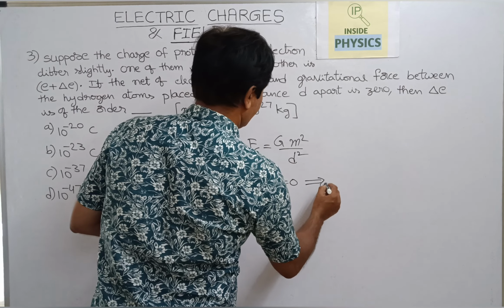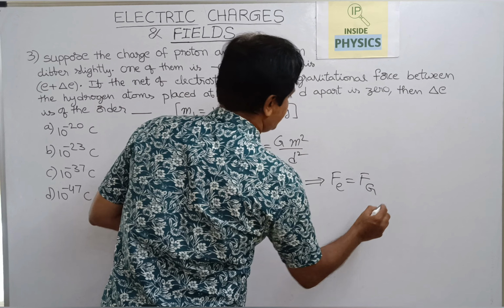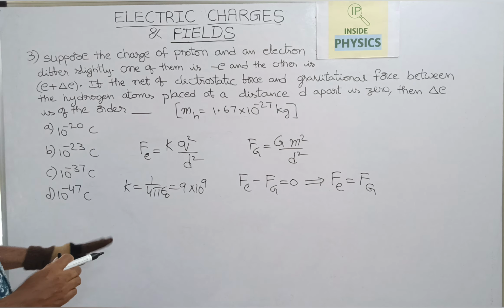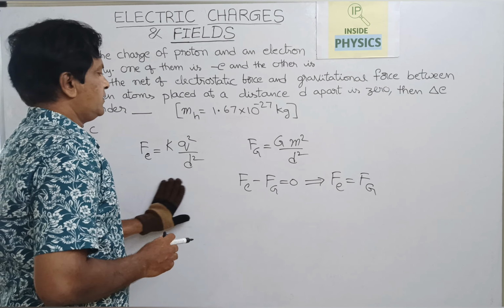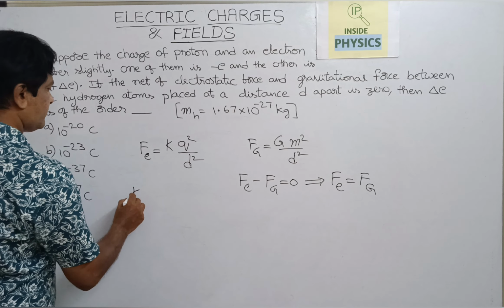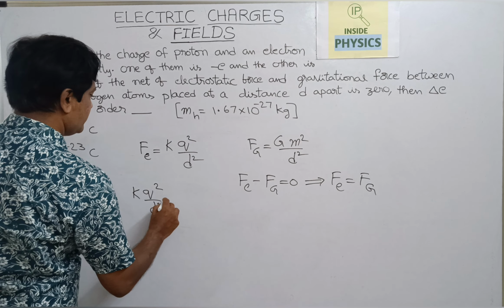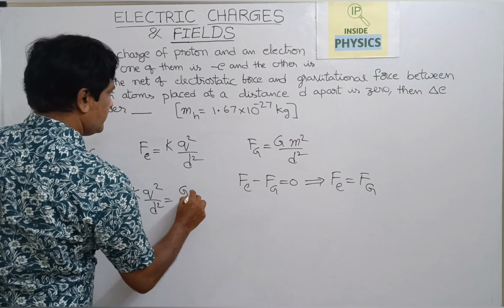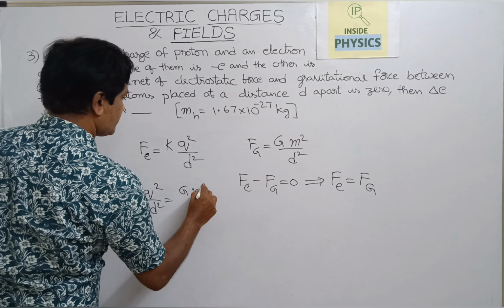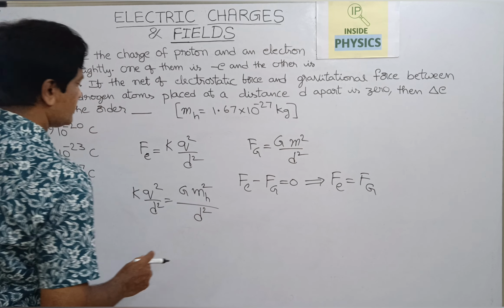That implies we can write Fe is equal to Fg. So if you compare these, we will get k q square by d square is equal to G m h square by d square, where m h is the mass of the hydrogen atom.